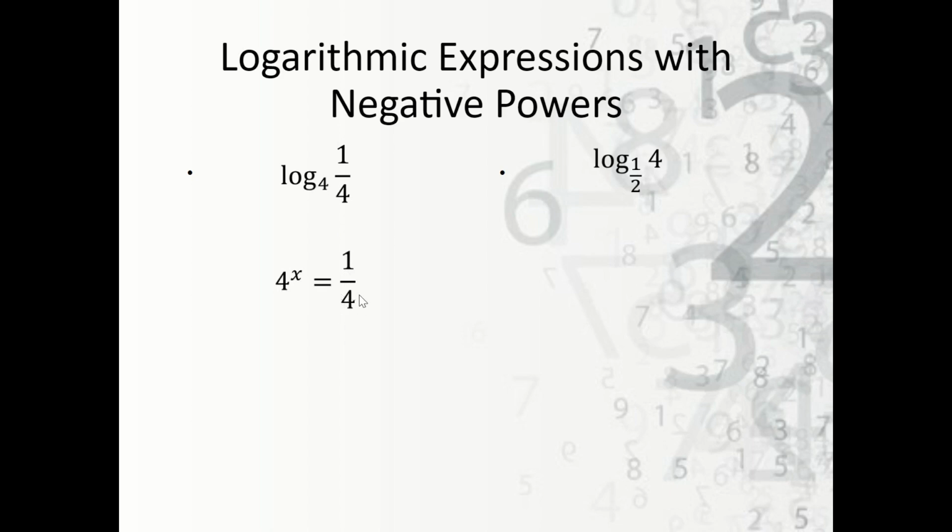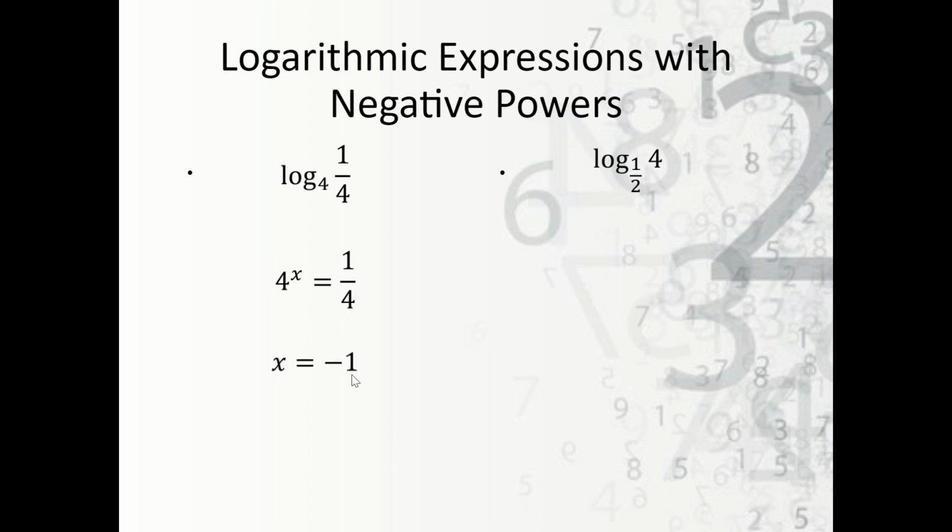So what we need to look at here is, as long as this is 1, then we're good. We just need to look at this denominator and see 4 to what power equals 4? Well, 4 to the first power equals 4, so we know it's going to be 1. And because it's in the denominator, we're going to take it and make it a negative power. So this would be 4 to the negative first power equals 1/4.